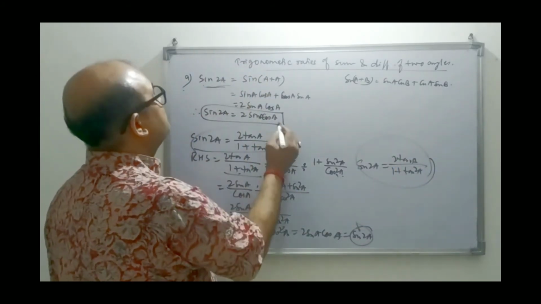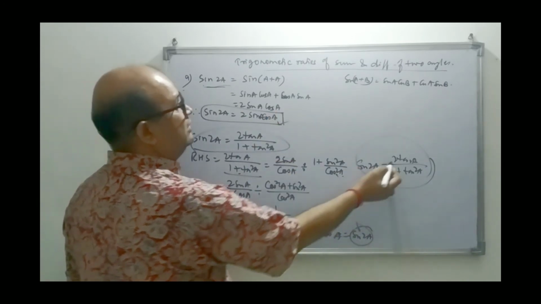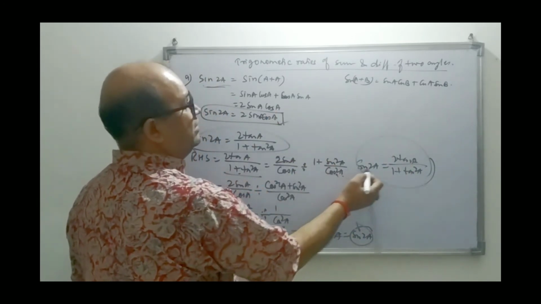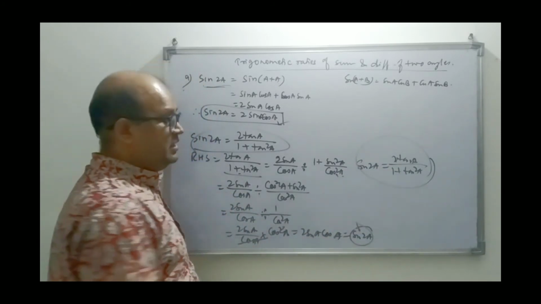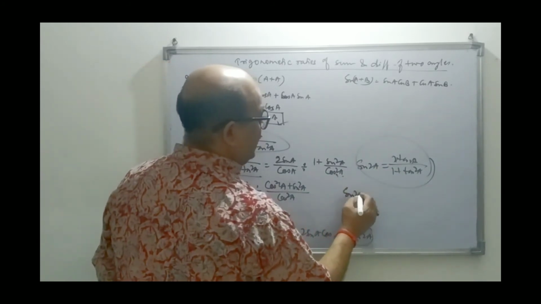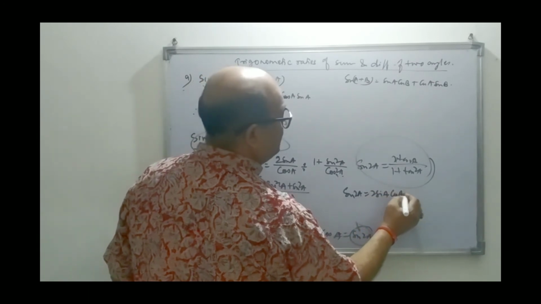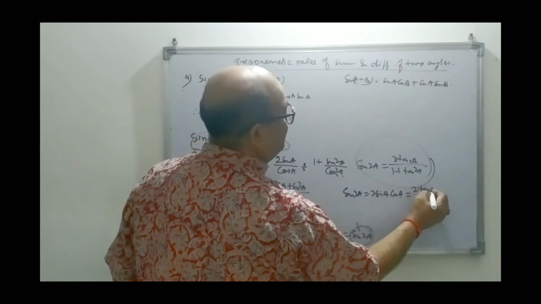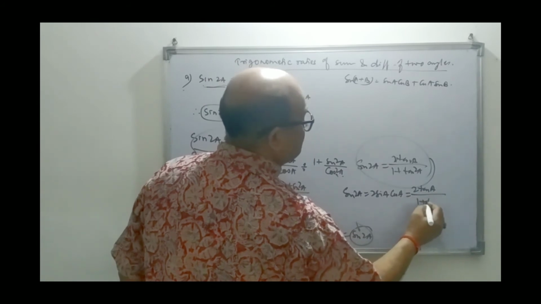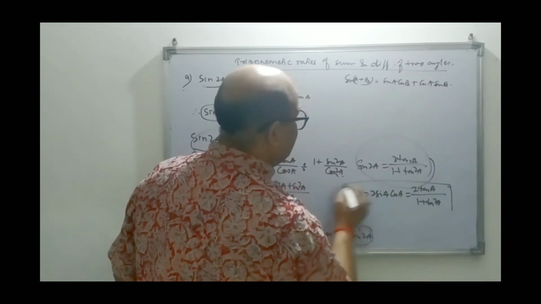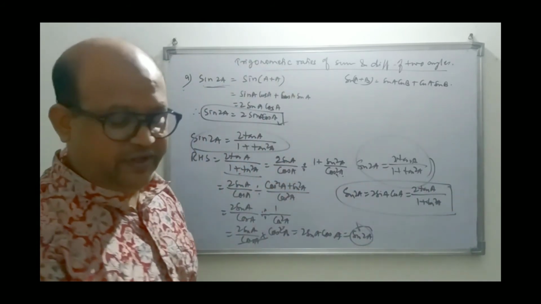Sin 2A equals 2 sin A cos A, that is equal to 2 tan A upon 1 plus tan square A. This is the identity of sin 2A.